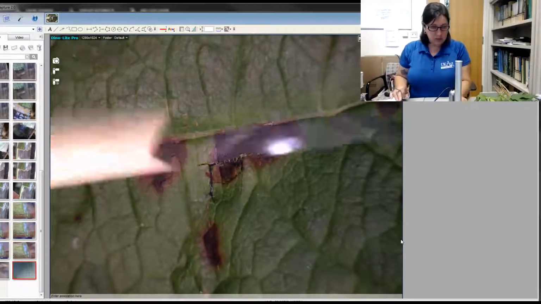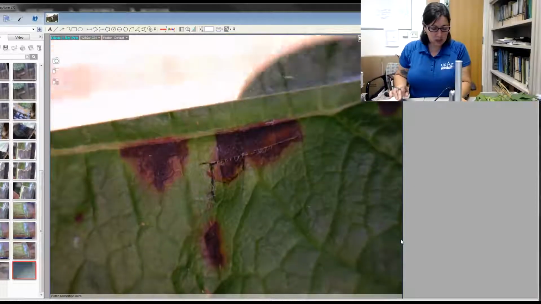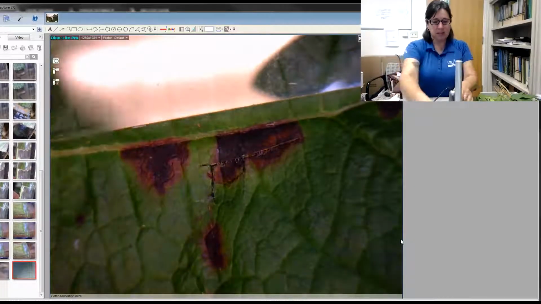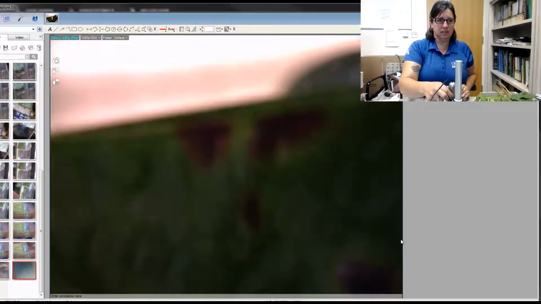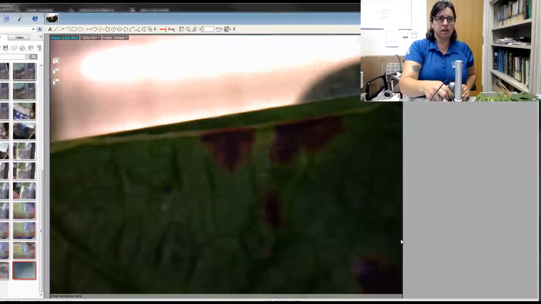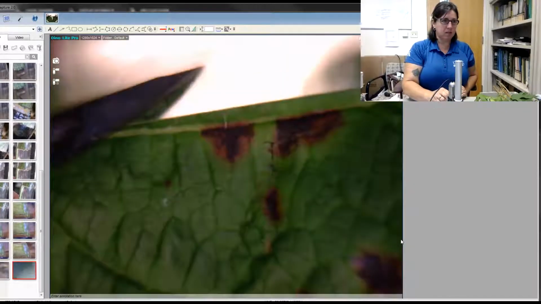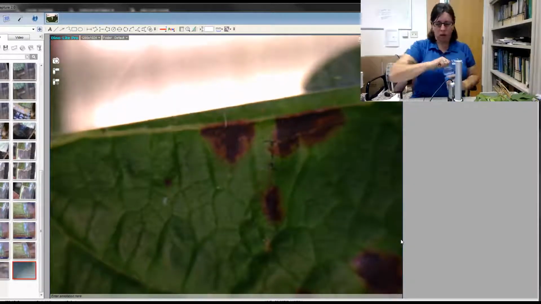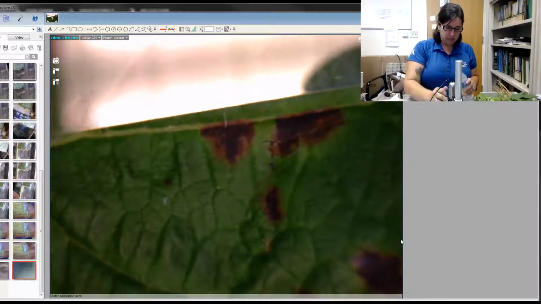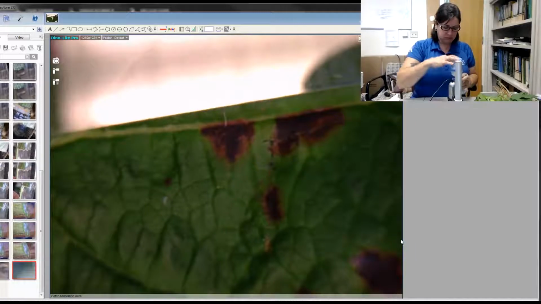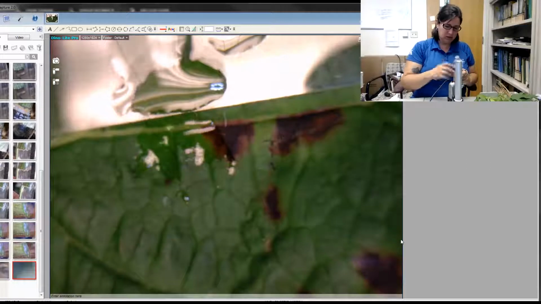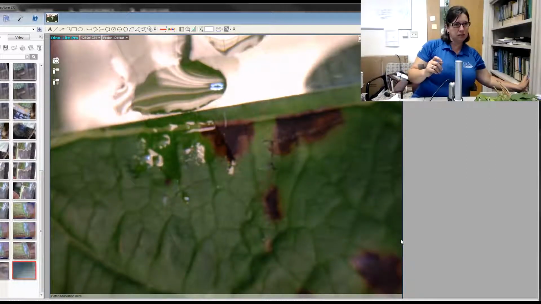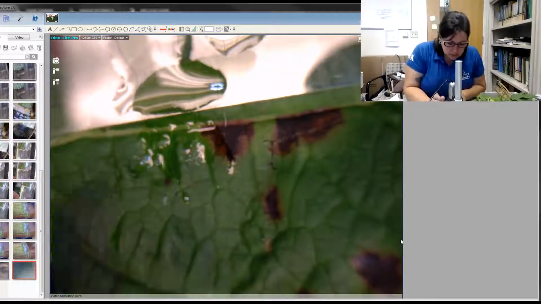So I'm going to show you what I'm doing here. I'm going to try this. There's a microscope slide right on the side of you. This is a microscope slide. I have a bottle of water, and I'm going to make a drop with my finger, and I'm going to put a drop of water on the slide, or 2 drops of water, because what I am aiming for is for this to stick.